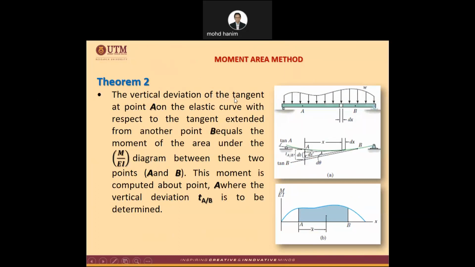Theorem number 2. This is now deflection: the vertical deviation of the tangent at point A on the elastic curve with respect to the tangent extended from another point B. What is the elastic curve? Again, it is this one. The deflection is the elastic curve. It equals the moment of the area under the M over EI diagram between these two points A and B. This moment is computed about point A, where the vertical deviation TAB is to be determined.